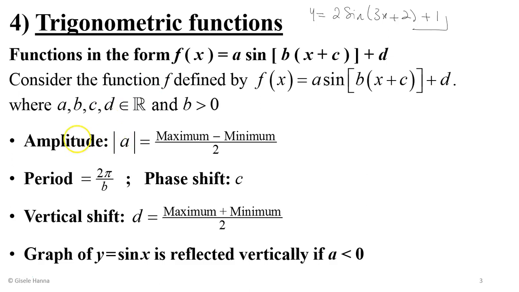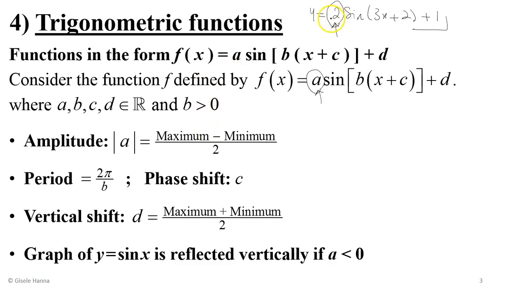Over here, we're just going to define the amplitude and the period for functions in this form. Regarding the amplitude, usually if the function is in this form, the amplitude would be the absolute value of the number multiplying the cosine or the sine function.